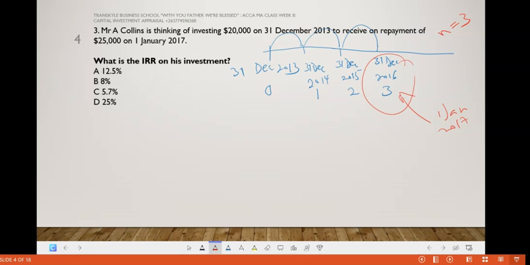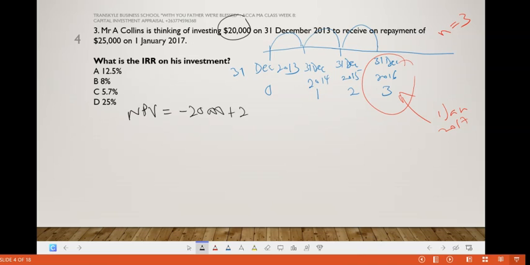So the NPV of this investment should be: NPV is equal to the initial cost of the investment, which was 20,000, plus the PV of inflows.